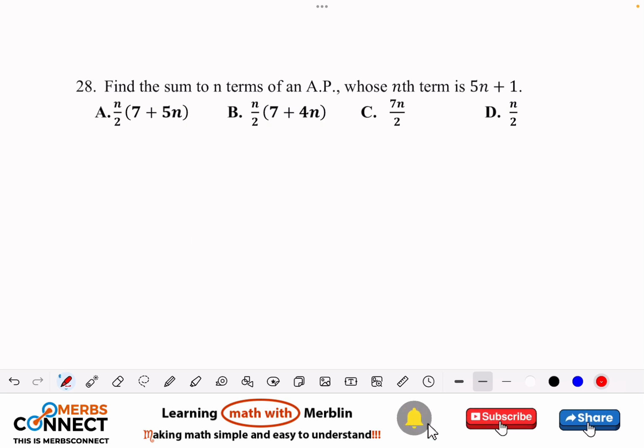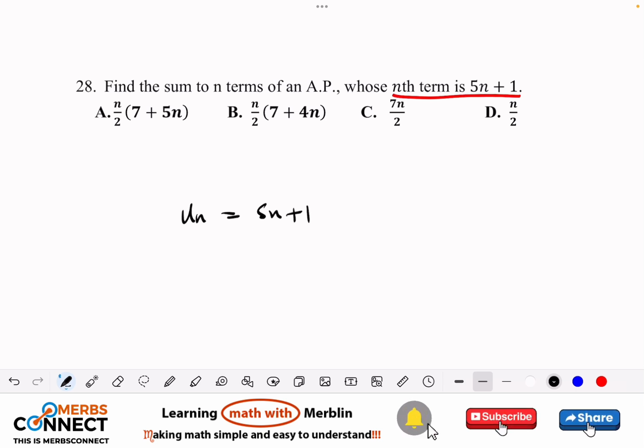Find a sum to nth terms of arithmetic progression. And then we have the nth term is n plus 1. So this one, they've provided us with the nth term, right? So when they give you the nth term, it means that un is equal to 5n plus 1.